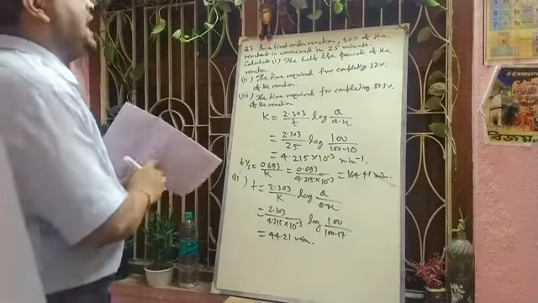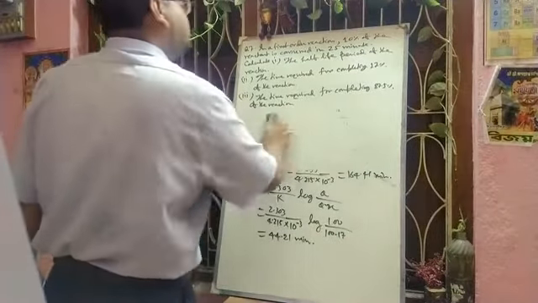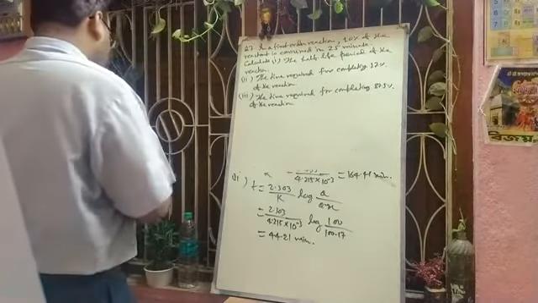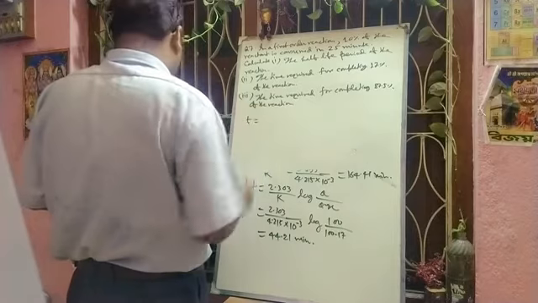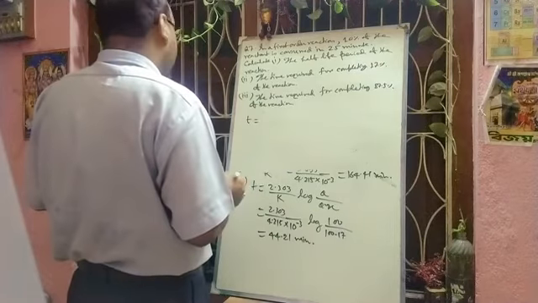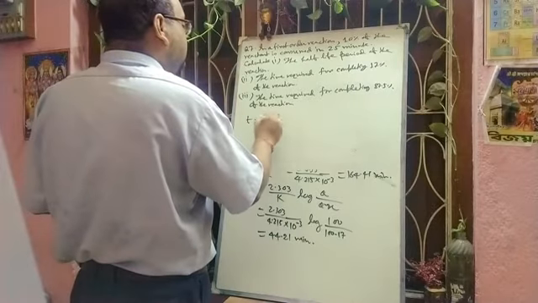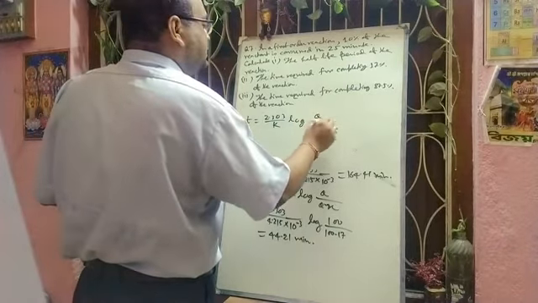The third one is given: time required for the completion of 87.5% of the reaction. So here t is equal to, you have to write the formula, that is 2.303 divided by k, log a by a minus x.